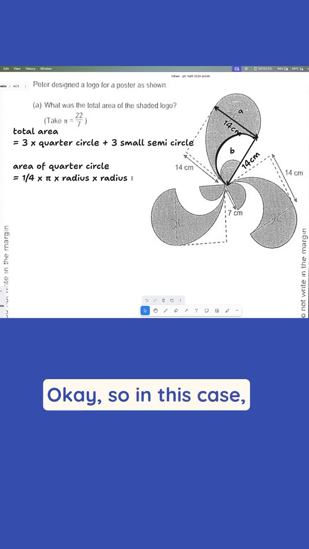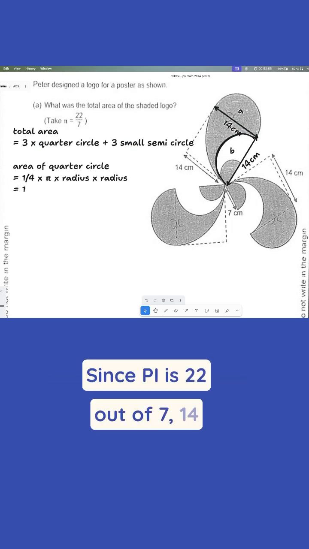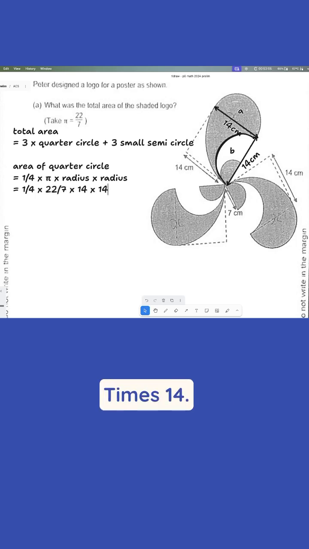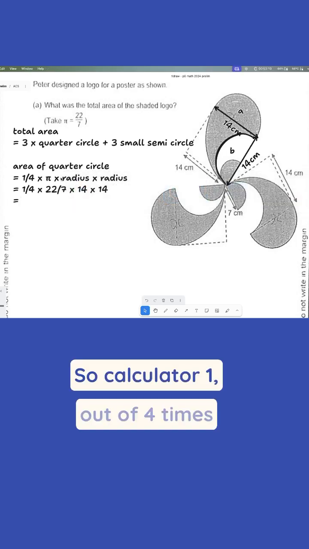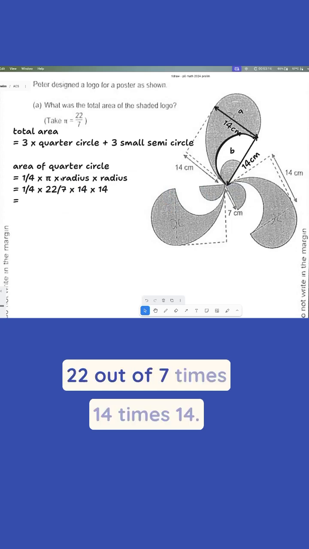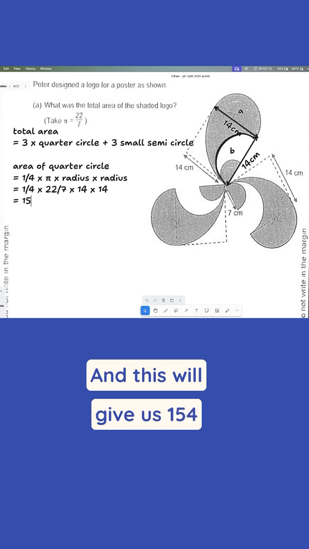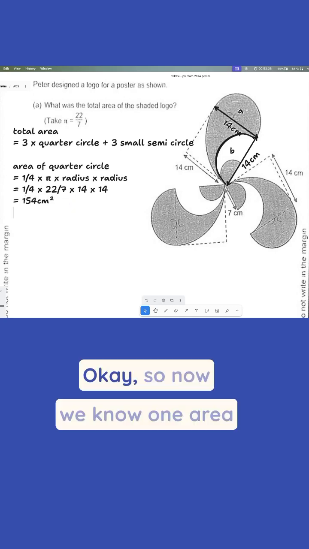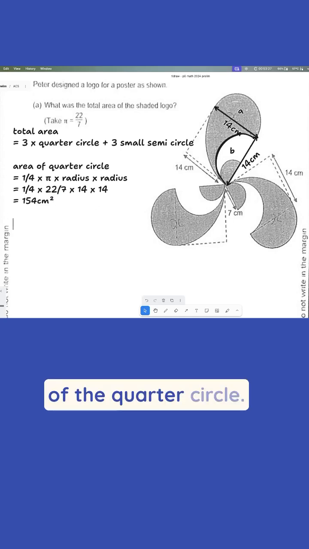Since pi is 22 over 7, we have 1/4 times 22 over 7 times 14 times 14. Let's use our calculator. 1/4 times 22 over 7 times 14 times 14 gives us 154 centimeters squared. Woohoo.